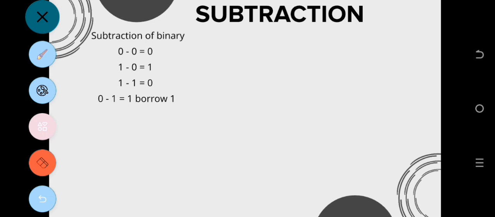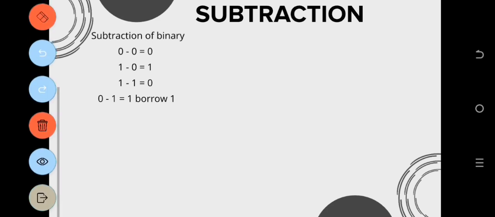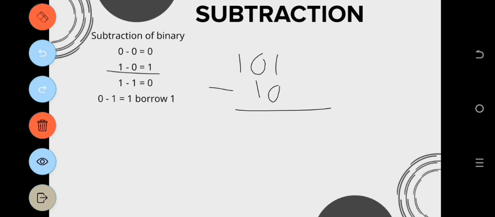Like this. Let's use the example from earlier. So 1, 0, 1, 1, 0 minus 1, 1. 0 minus 1, we cannot do that directly, but we can borrow 1 from its nearest number.